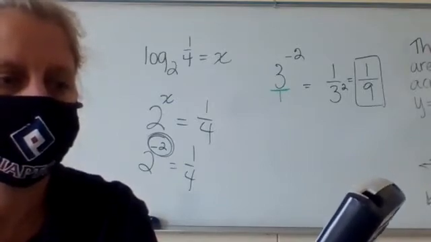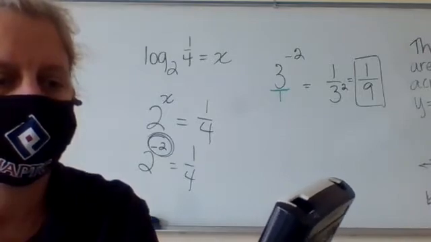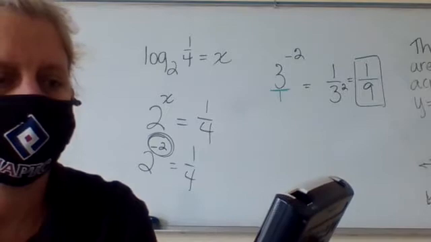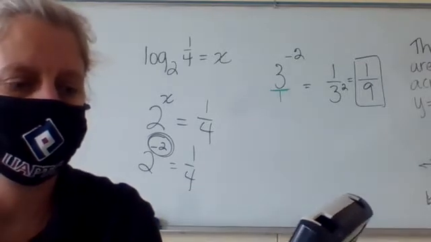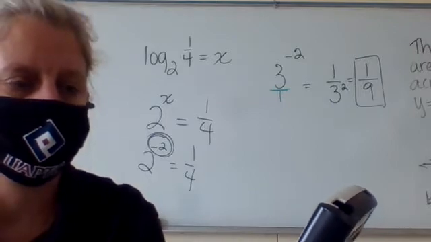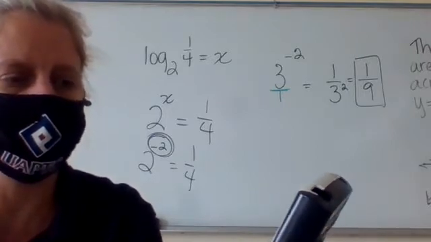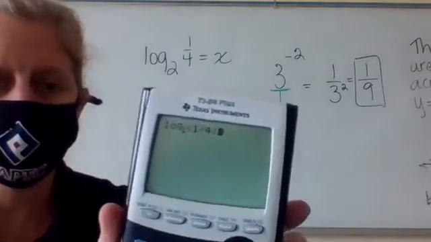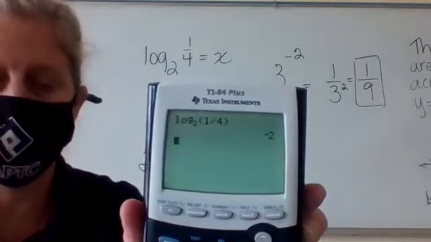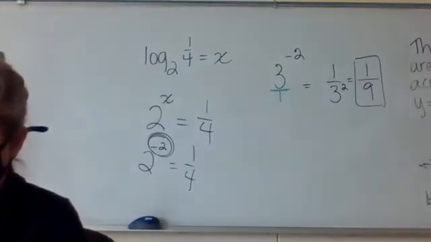Oh, I got too many parentheses. Math. Sorry, I typed in too much stuff. Log base 2, and then 1/4. There's your negative 2, right? To turn that into a fraction, you would have had to have a negative exponent.